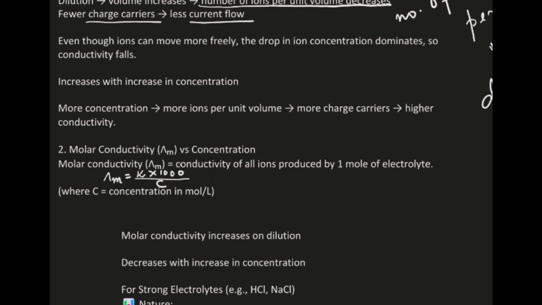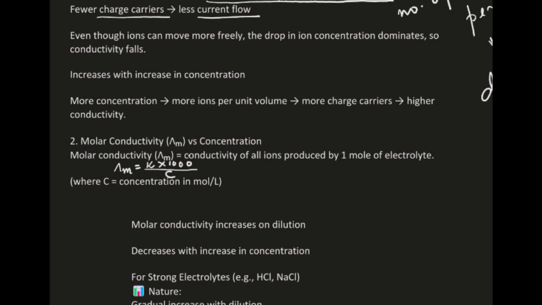Now, even though ions can move more freely, at times people have this concept that I am adding more and more water, so the ionic mobility is increasing. But there is a drop in the ion concentration. Why? Because, keep in mind, the number of ions per unit volume decreases.